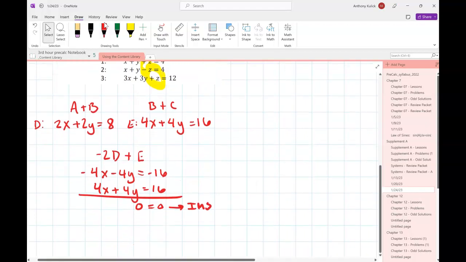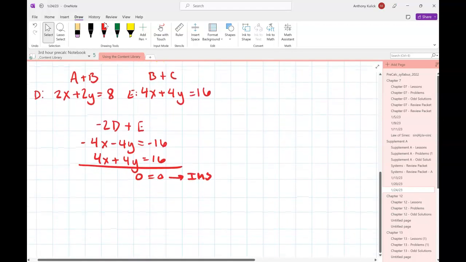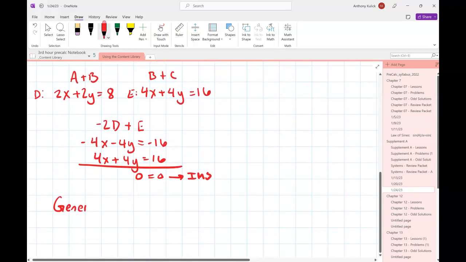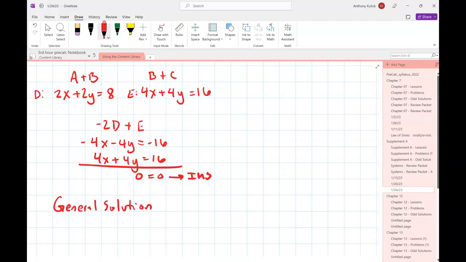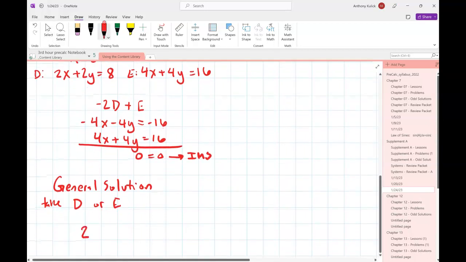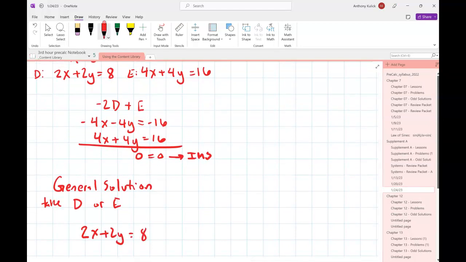So we still want to get a general solution out of this, though. To do that, I'm going to take either D or E. Doesn't matter which one. I'm going to pick D. And then I'm going to isolate one of the two variables. It doesn't matter which one, X or Y. I'm going to choose to get the Y by itself.